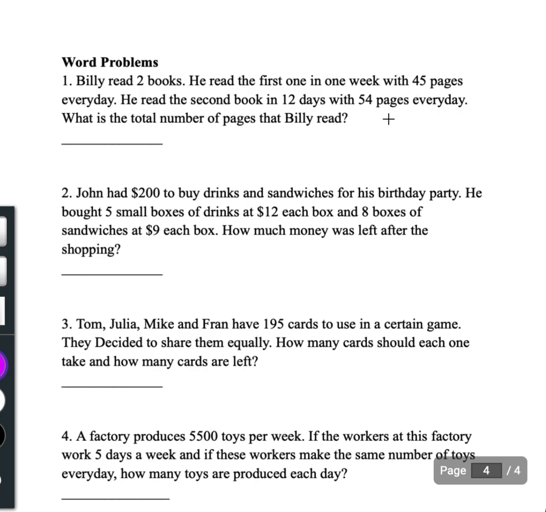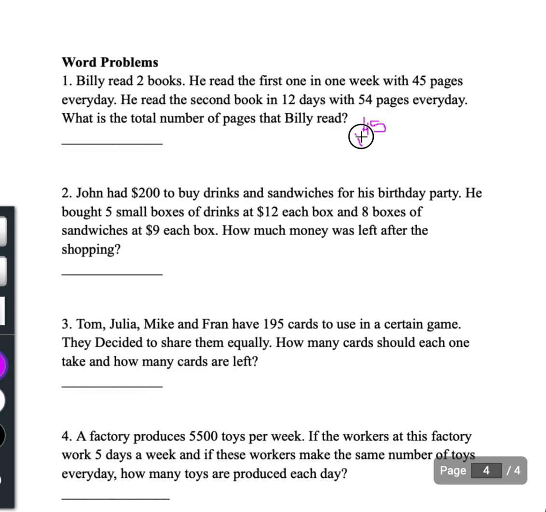So we're going to add 45 plus, actually, what we're going to do is we're going to write 45, and he read the first one in 1 week, so that's like what, 7 days.